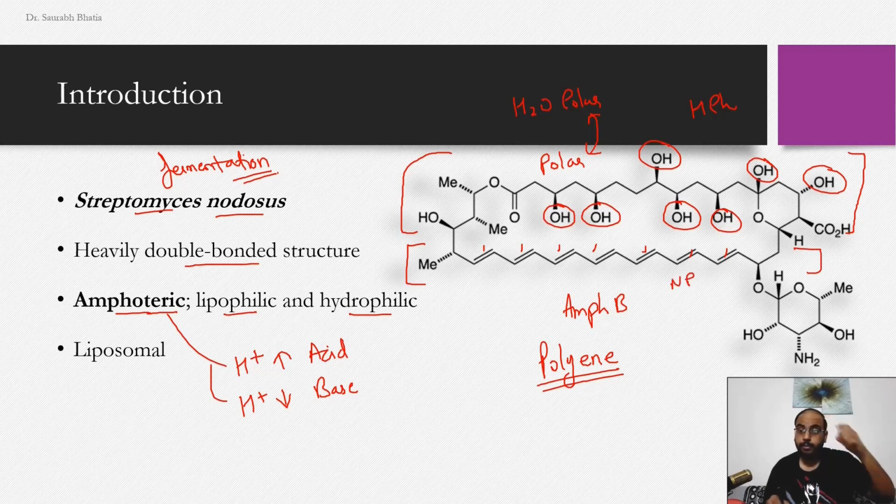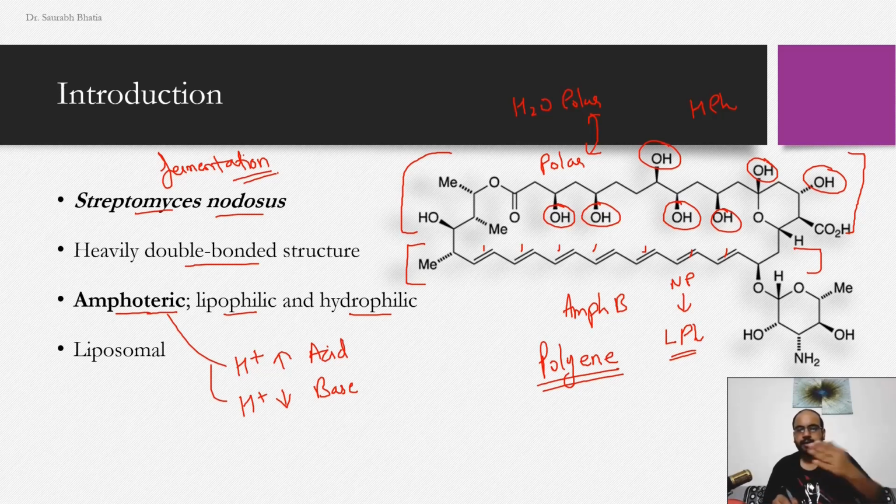Non-polar substances are organic, carbon-based substances, and that is why this is more lipophilic or lipid loving, because lipid is a non-polar substance. So half of the molecule is water loving and the second half of the molecule is lipid loving.